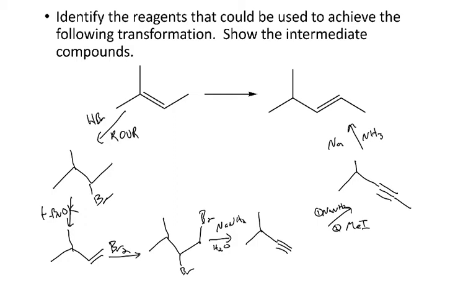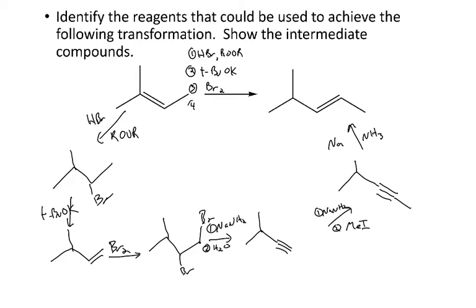And so if we collect all of our reagents, in our first step, HBr in the presence of peroxides, then I hit it with tert-butoxide, then bromine. In this step, we need to add first the strong base, then the water.